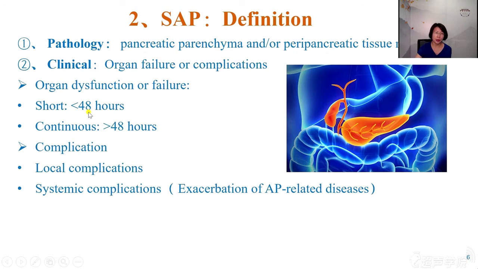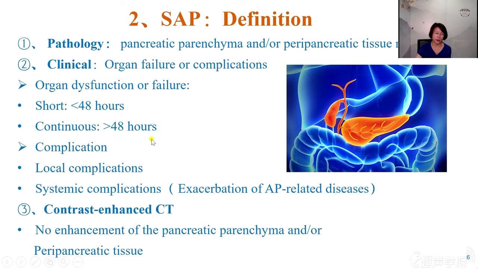The clinical criteria: there are organ failure or complications. The contrast-enhanced CT criteria: there is no enhancement of pancreatic parenchyma and/or there is no enhancement in peripancreatic tissue.